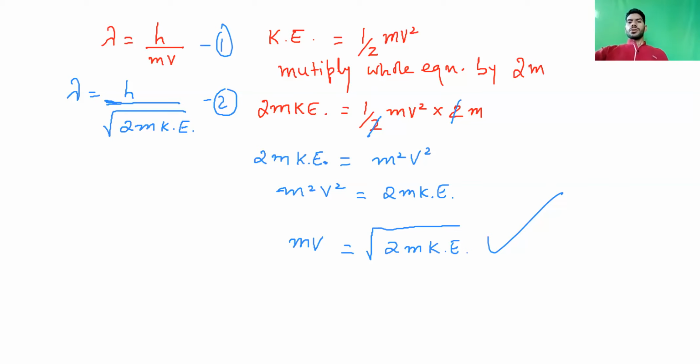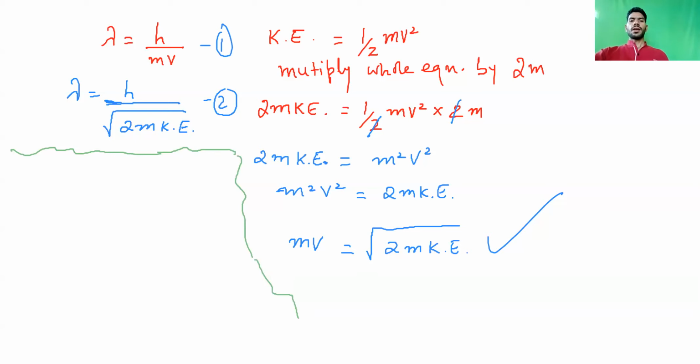Okay. So next, what you have to remember is that de Broglie's wave equation is actually only significant for microscopic particles. It is not too significant for macroscopic particles.